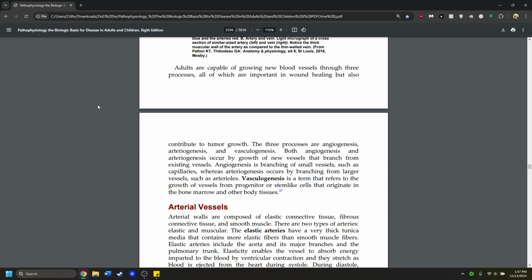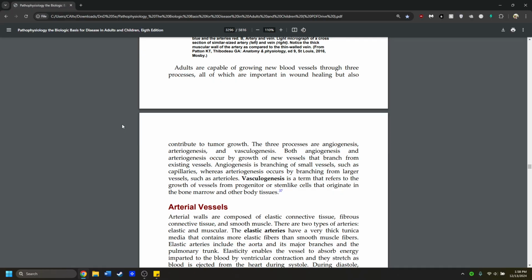Adults are capable of growing new blood vessels through three processes, all of which are important in wound healing, but also contribute to tumor growth. The three processes are angiogenesis, arteriogenesis, and vasculogenesis. Both angiogenesis and arteriogenesis occur by growth of new vessels that branch from existing vessels.